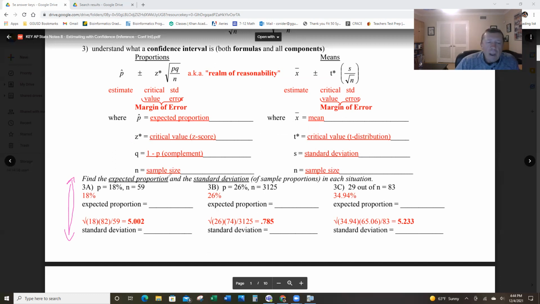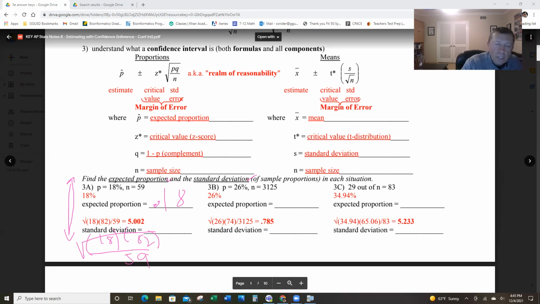So find the expected proportion and the standard deviation of the sample in each situation. All right, if something happens 18% of the time, that's 0.18. And how do you write the standard deviation? That will be 0.18 times 0.82 over 59.